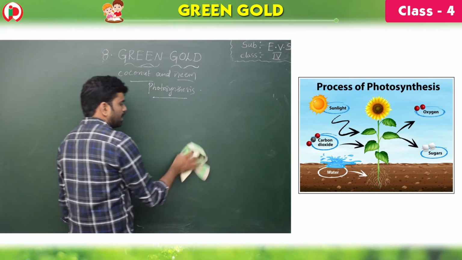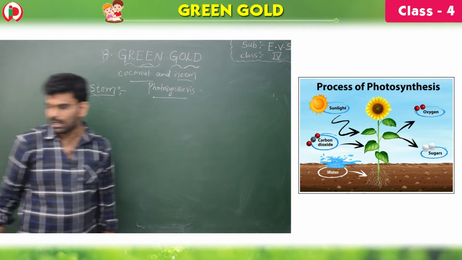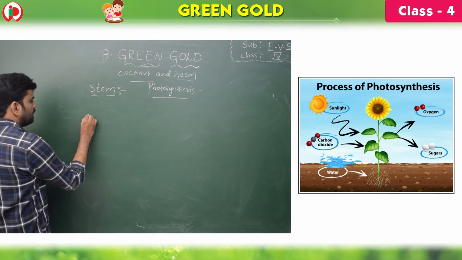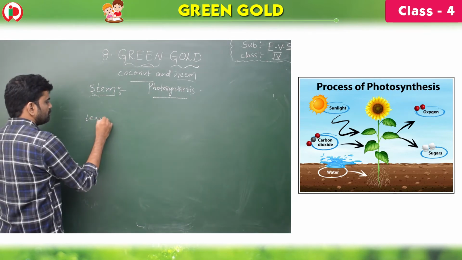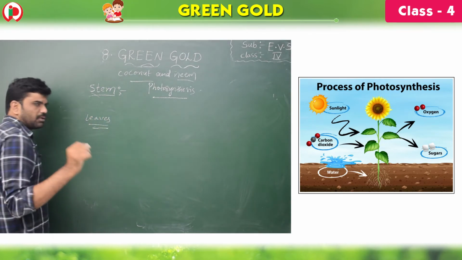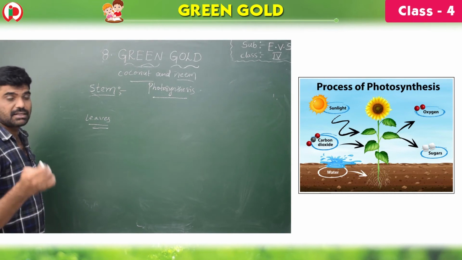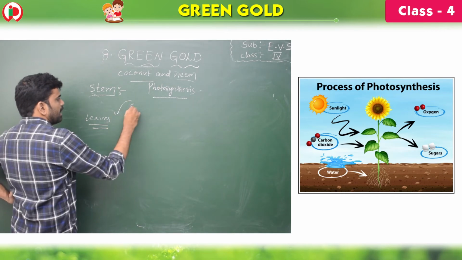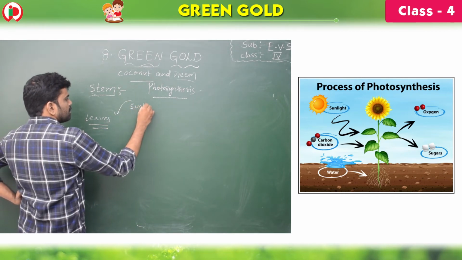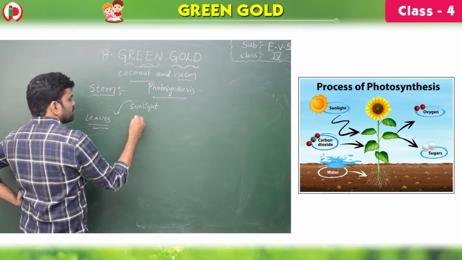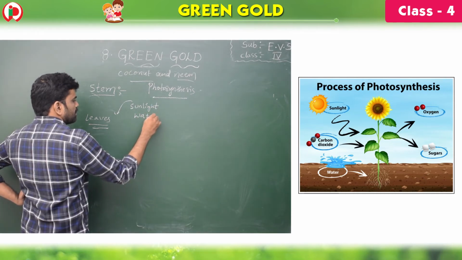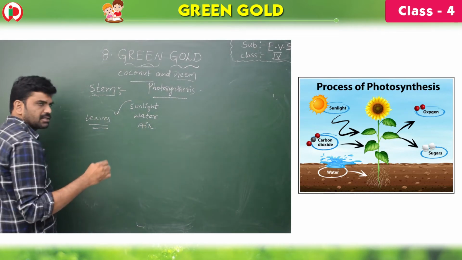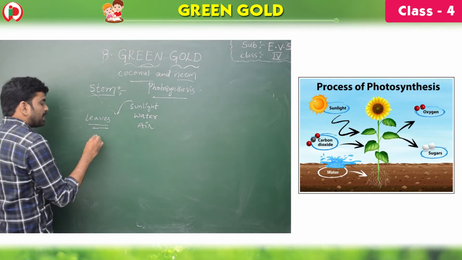They are also called powerhouses. Leaves allow sunlight, water and air, and they contain a pigment.